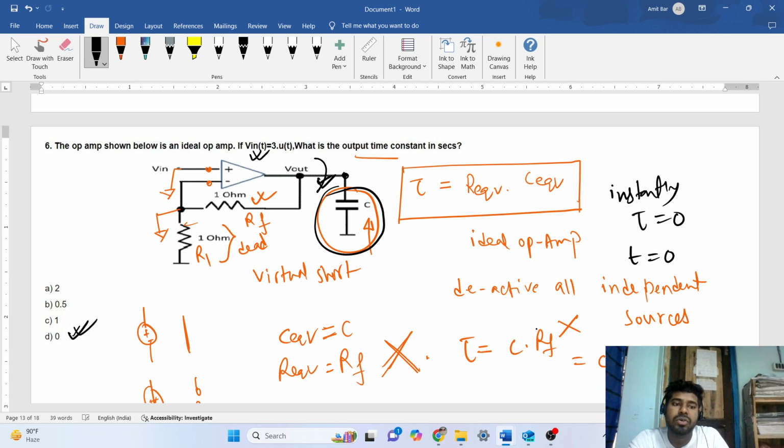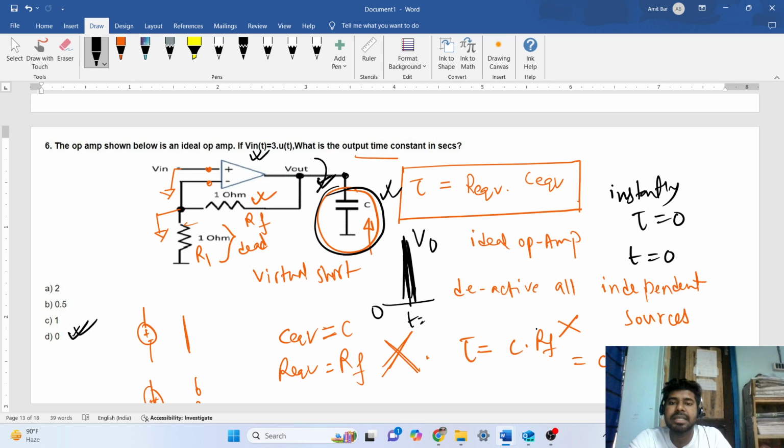It can go from 0 volts up to its dielectric breakdown, so Vout will reach its maximum value at t equals 0 seconds. This is the intuition behind the ideal op amp properties.